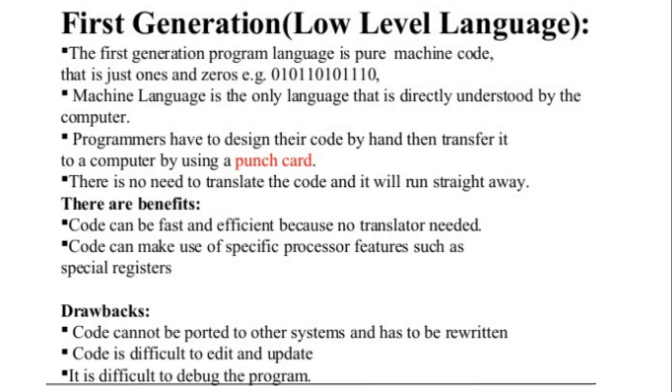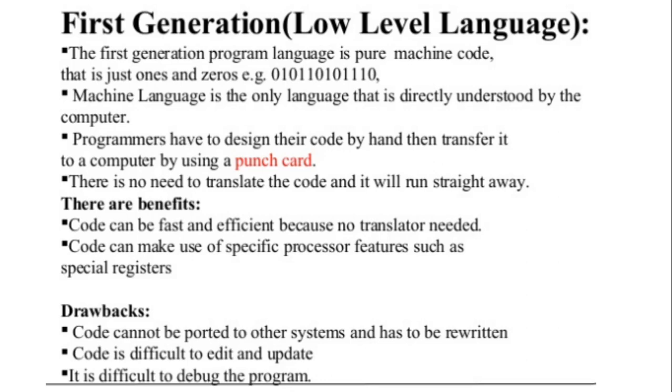And also, if there is any error or problem in the code, it will be difficult to identify the error. So this is why we needed something better than the first generation or machine language.